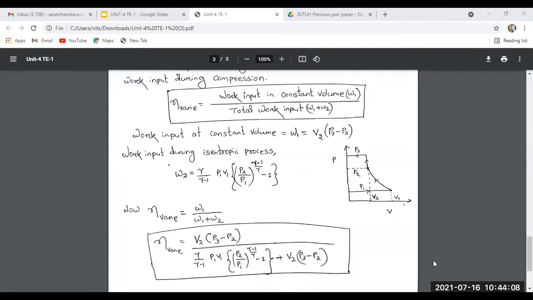The vane efficiency is the ratio between work input at constant volume and total work input. Suppose here the work done is W1 and in this process the work done is W2. So the vane efficiency formula is W1 divided by W1 plus W2. We will apply this formula to calculate the vane efficiency.